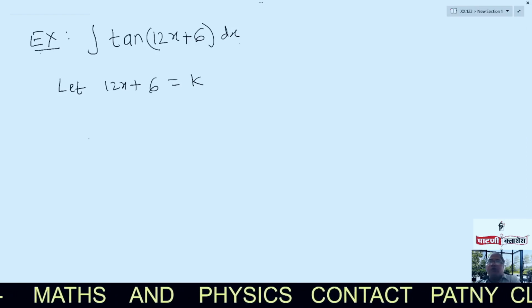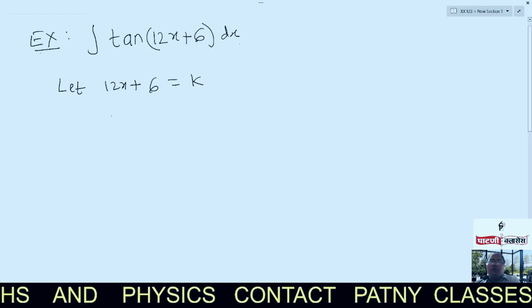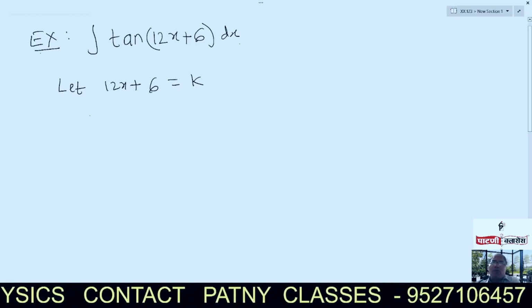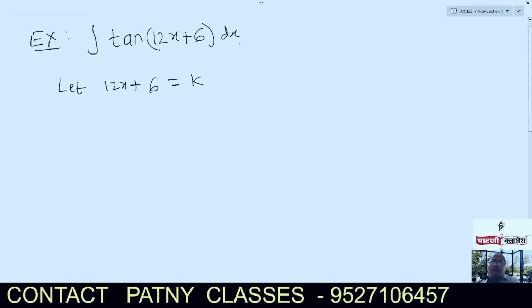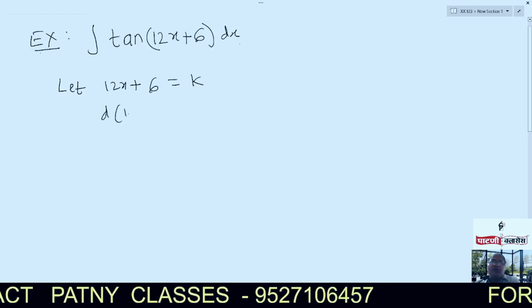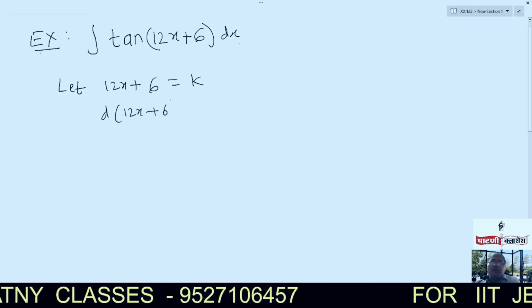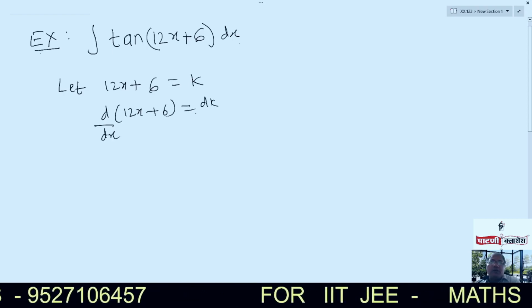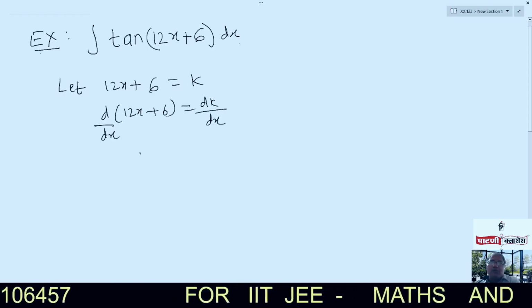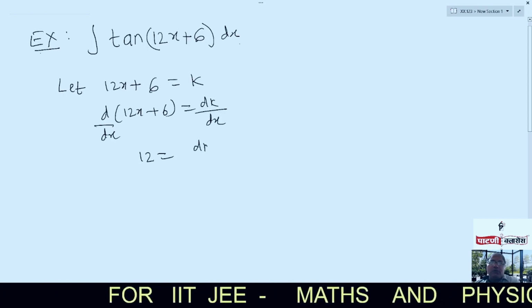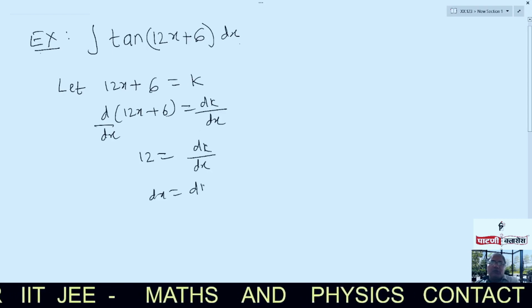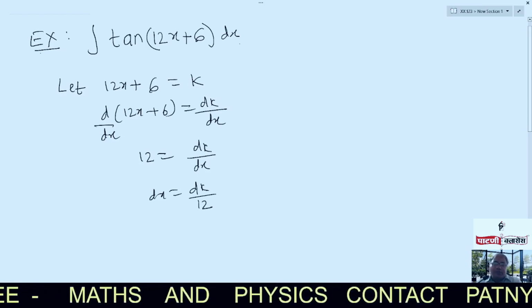I am not doing shortcuts at all. But if you wish to skip some steps, you can. Now 12x plus 6 equals k. Differentiation of 12x plus 6 with respect to x equals dk by dx. Therefore 12 equals dk by dx. Therefore dx equals dk upon 12.